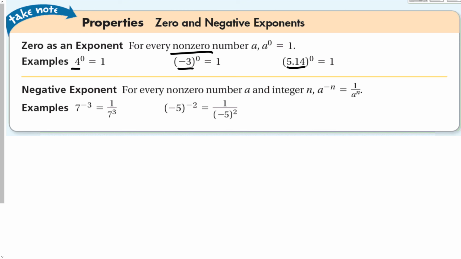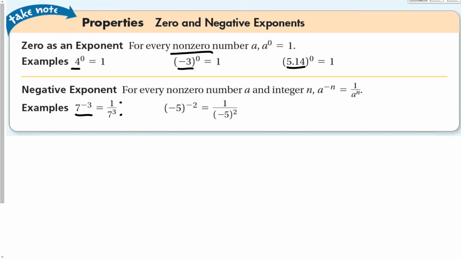Negative exponents. For every non-zero number a, and integer n, a to the negative n power is equal to 1 over a to the positive n power. So basically what we're doing with negative exponents is we're making fractions. So 7 to the negative 3 power turns into 1 over 7 to the positive 3 power.